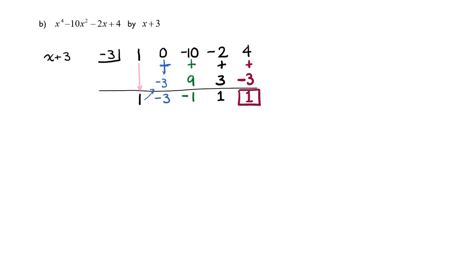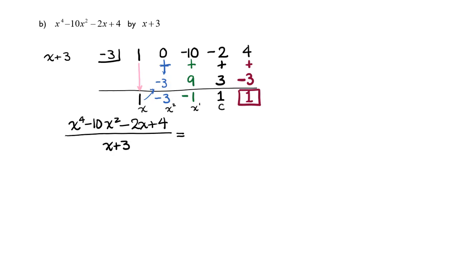I could write this in several different ways, but what I will do is I will write this as x to the 4th minus 10x squared minus 2x plus 4 divided by x plus 3 is equal to, now this is my constant, this is my x to the first term, this is my x to the second term, and this is my x to the third term.